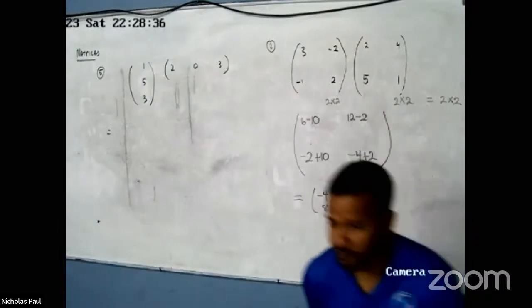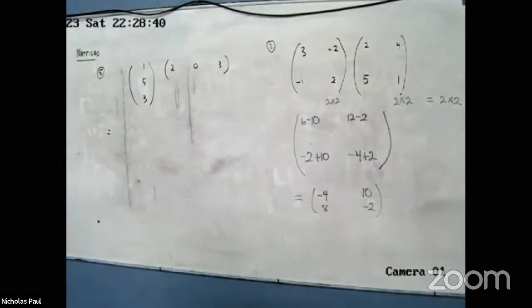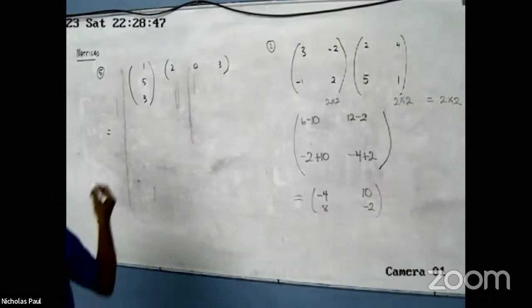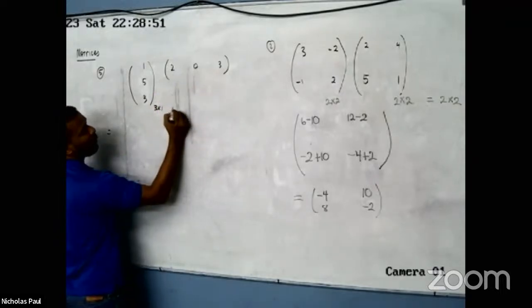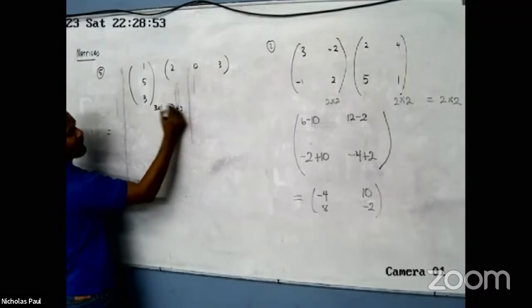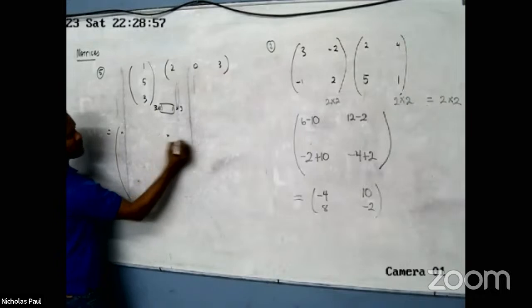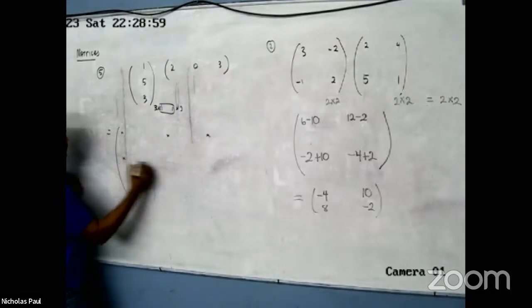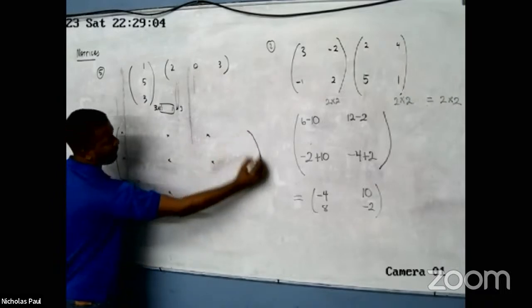Okay, that's all right. Try this next one here. It's a little tricky. Can you multiply it? Yes, and the answer will be 3 by 3, because you have a 3 by 1 here and a 1 by 3 here. These two are the same, so your answer is a 3 by 3. 1, 2, 3. 1, 2, 3. 1, 2, 3.